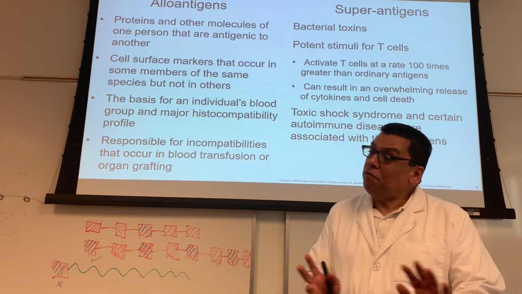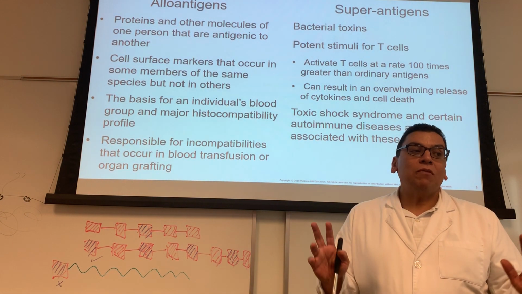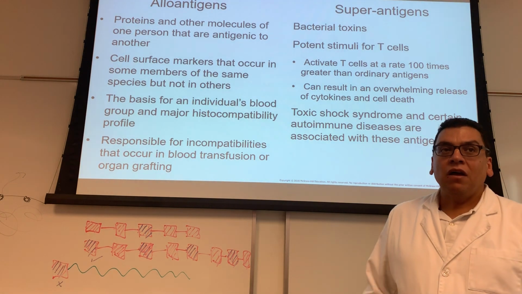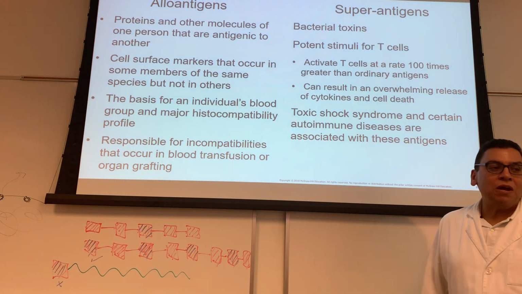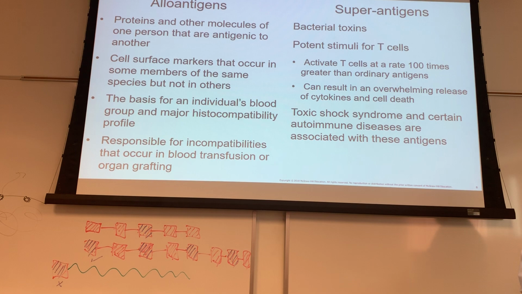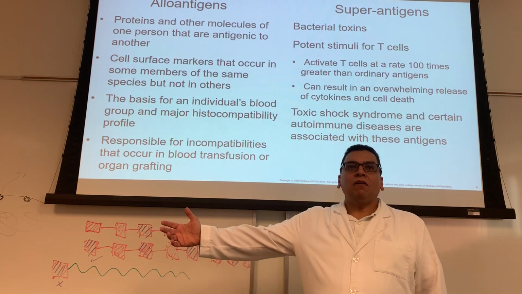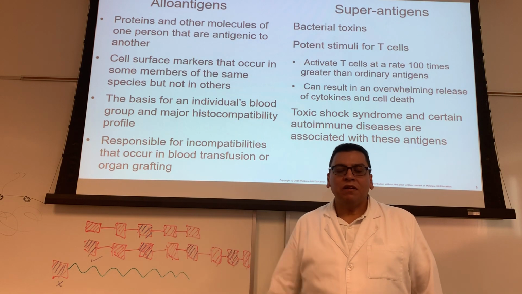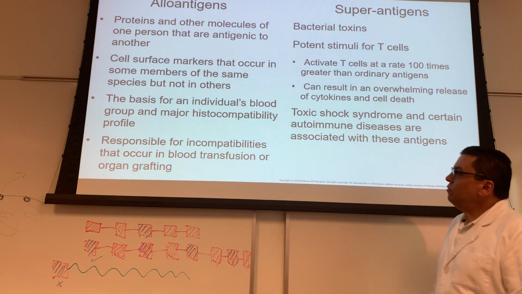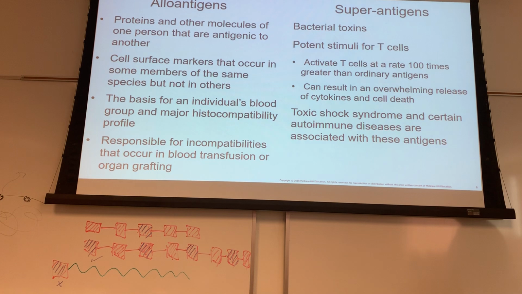You might not get a perfect match, but you'll come as close as possible, and then rely on possibly immune suppressants. So a lot of people that get donor or transplantation organs, they live the rest of their life on immune suppressants to prevent the immune system from attacking the new organ.